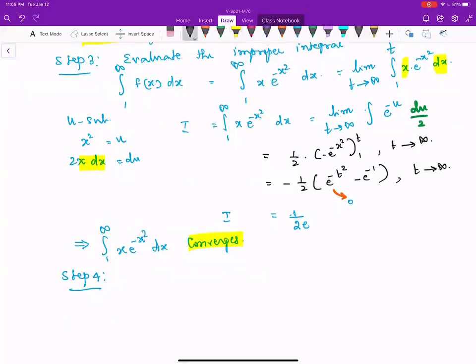So by the integral test, the series sigma n e to the negative n square converges. This part is the conclusion part.